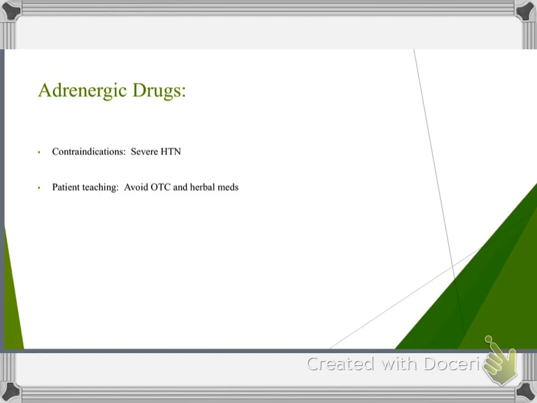And then patient teaching: avoid over-the-counter medications or herbal meds without getting approval from your doctor or the prescriber, okay? Because there are a lot of medications that are over-the-counter that already have adrenergic stimulation properties, as well as herbal meds, and we don't want overstimulation of the sympathetic nervous system.